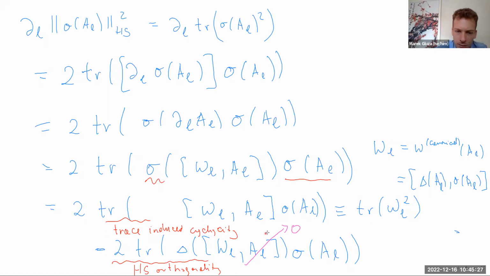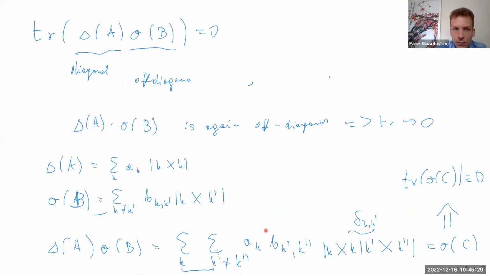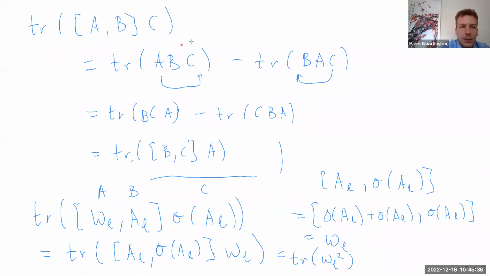And trace-induced cyclicity is just coming from applying the trace in this setting of having a bracket. So the cyclicity allows me to move the operators forward, backward, and then I will see that suddenly I have the commutator here, and I multiply out A, so I get basically that I can move those operators in. So B goes here, C goes here, A goes here.